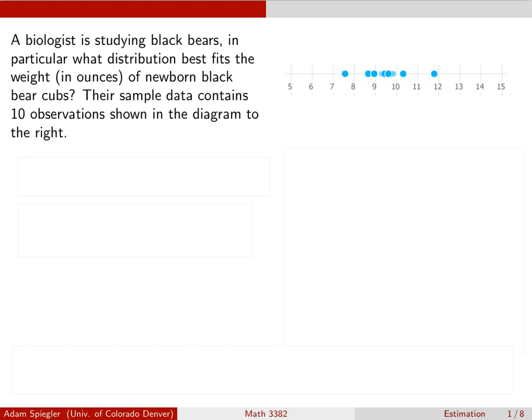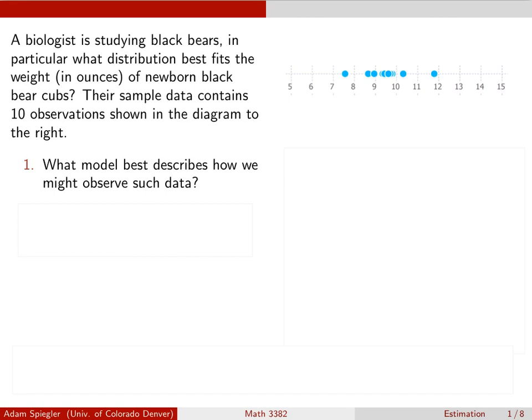And looking at this data, how can we come up with a model for the distribution of the weights of all newborn black bears? The first part of this process would be to come up with a model that we could use to describe the data that we've observed here. If we look at this data, we've seen some distributions already.